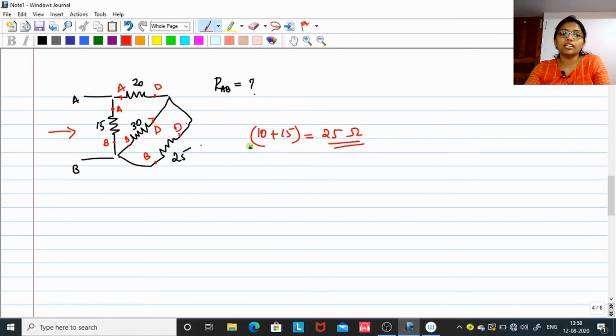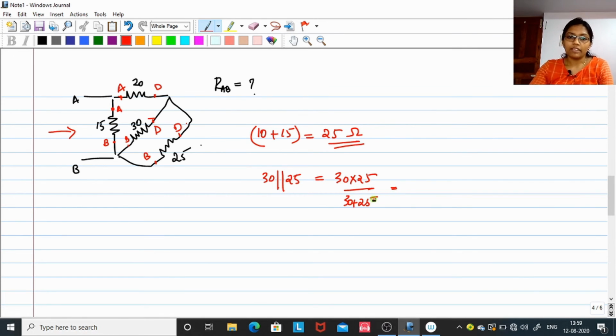Now, as I said, if two resistors are sharing the same endpoints, like this, 30 and 25 have one endpoint as B and the other endpoint as D itself. So we can say that 30 and 25 are going to be parallel. 30 is parallelly connected to 25. Then its value comes like 30 into 25 divided by 30 plus 25, because that is the formula when two resistors are in parallel.